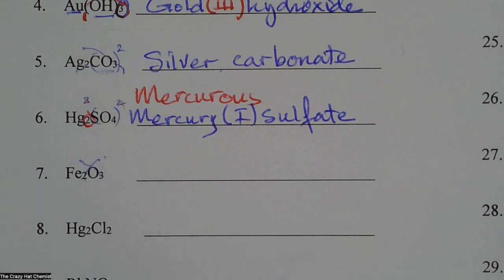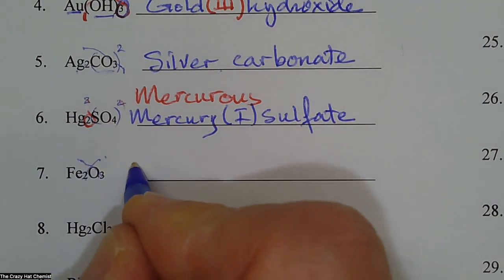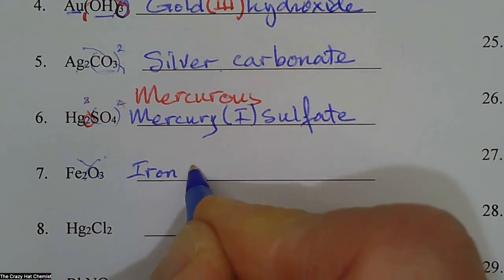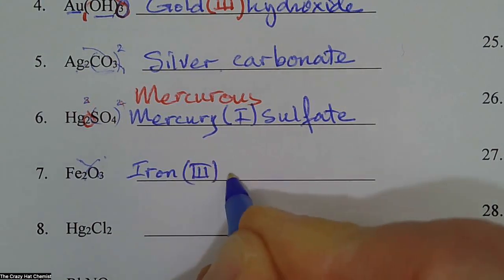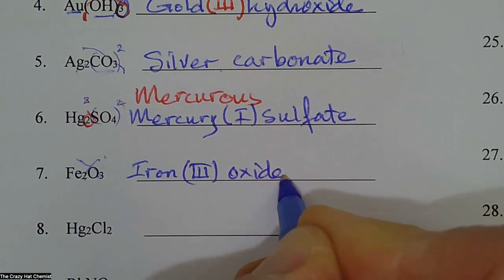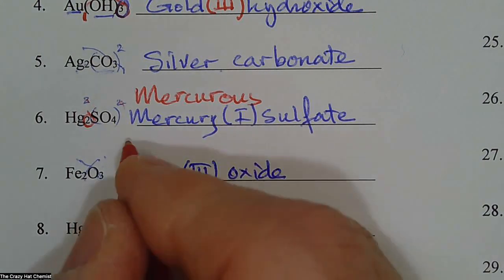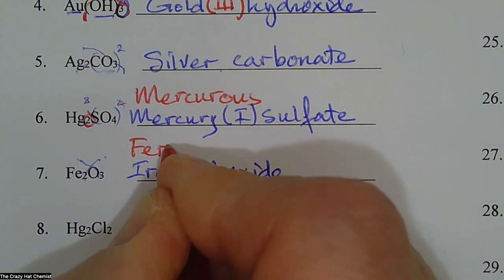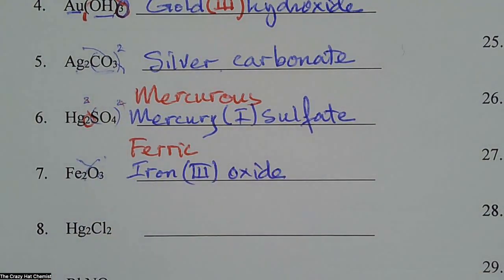Okay, so that is going to be iron 3, because that 3 comes up. That's iron 3. So iron, Roman numeral 3, oxide, or ferric oxide. And this again is a non-metal, so it has an IDE ending on it.